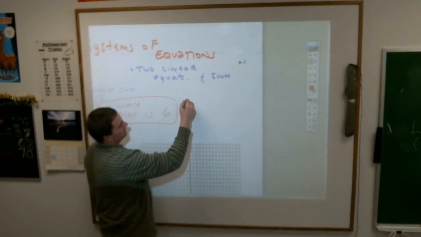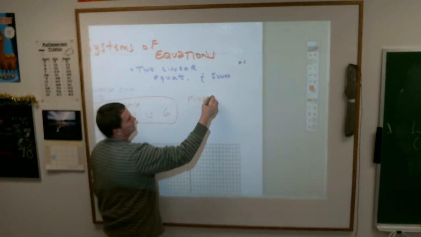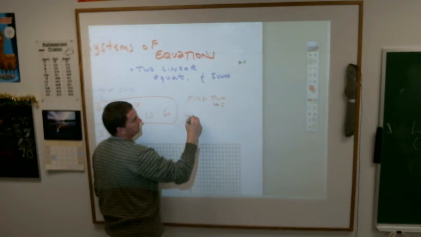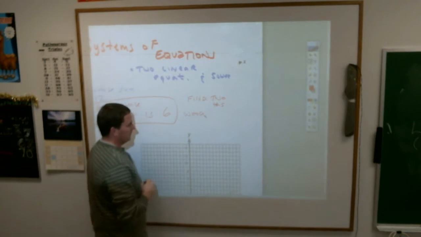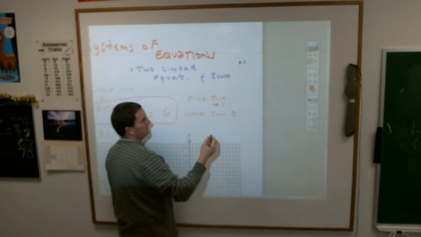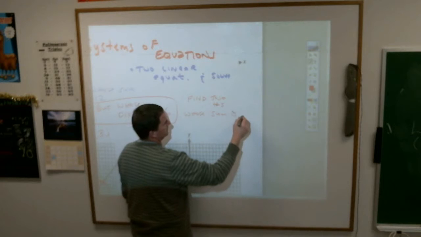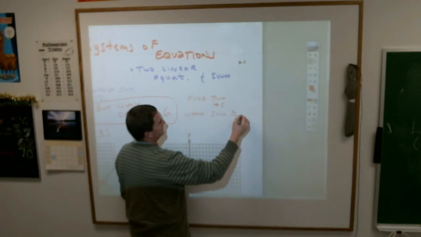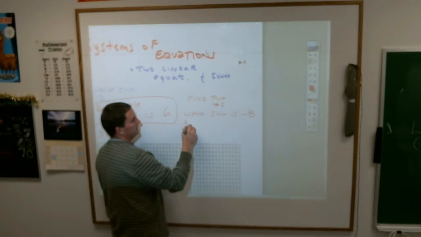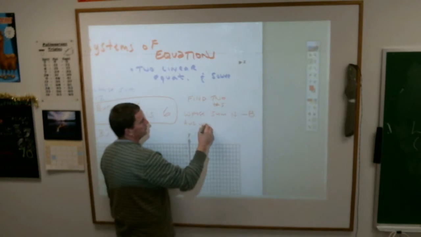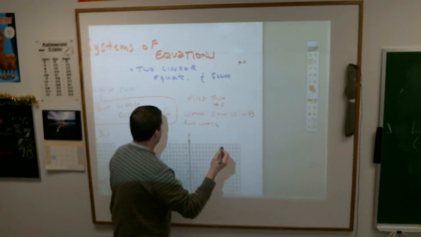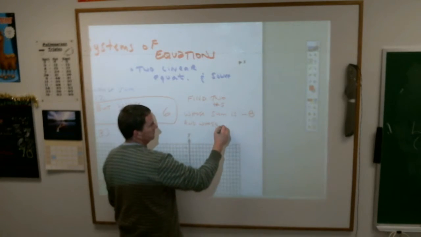Find two numbers, and let's make this harder so you probably can't figure it out, whose sum is, let's go with a negative number, whose sum is -8 and whose difference is 4.